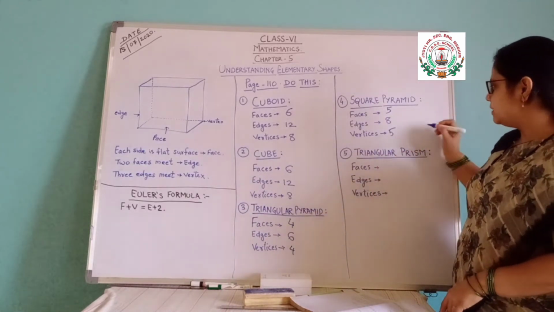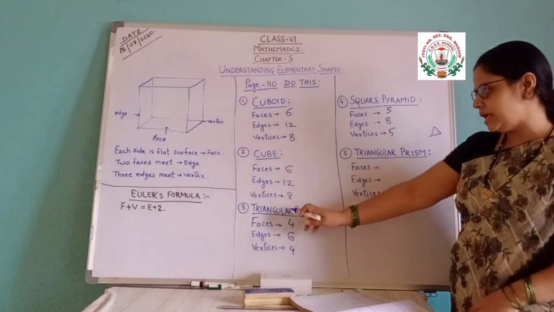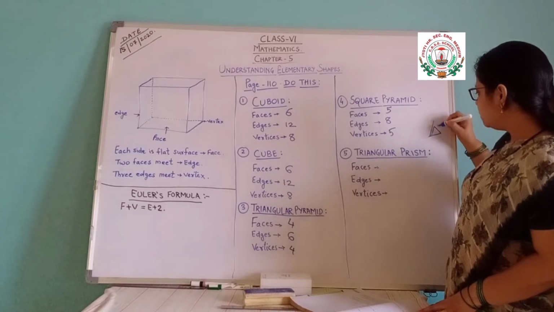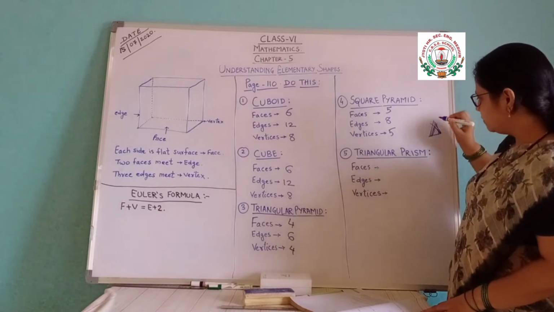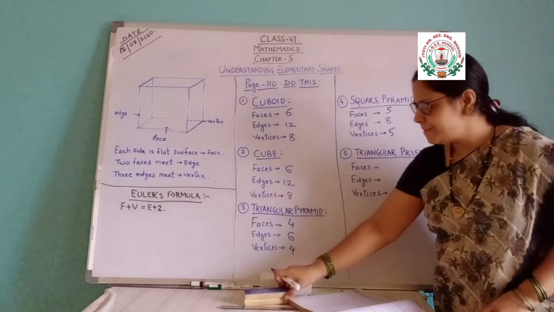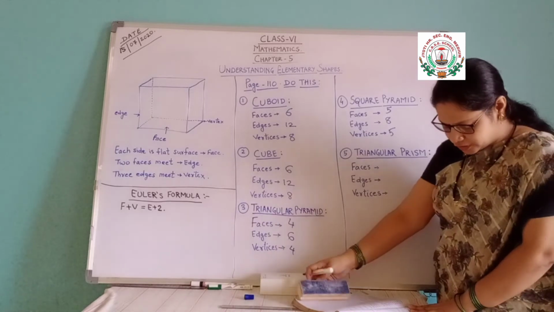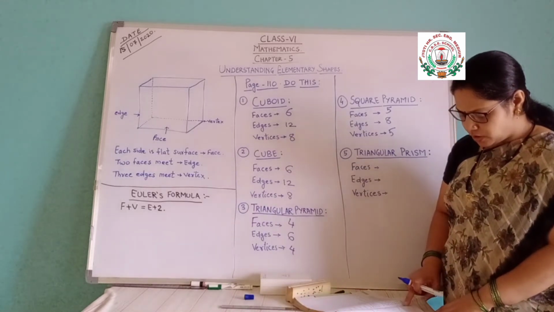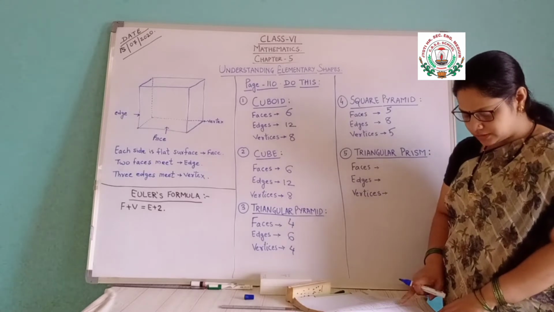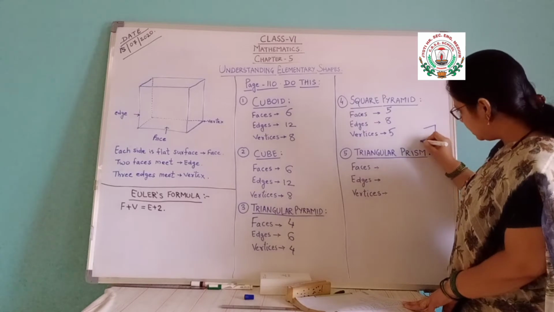So triangular prism means the base will be a triangle, and just like this pyramid, from all these three sides it will be going. The figure is given in your textbook. You can see that 4 corners are given. That is one base, and from all the sides it is given something like this.